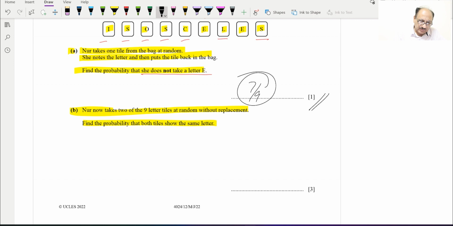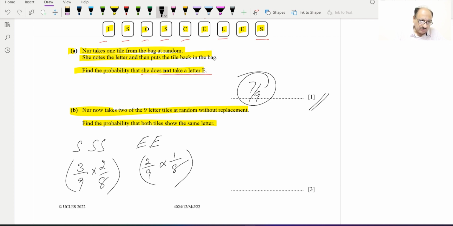It can be S and S. So there are basically 3 S. So we can take S, and the second probability will be E and E. Same letters can be only these, the others are not repeating. So for S the probability will be 3 out of 9, and for the second one it will be 2 out of 8, and for E it will be 2 out of 9, and for the second it will be 1 out of 8.